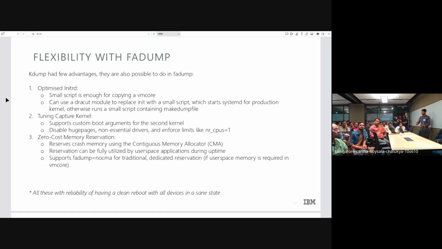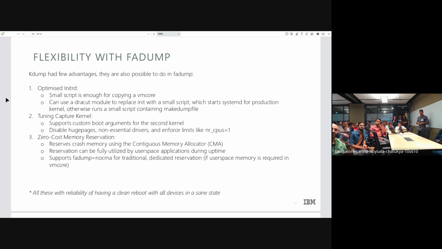In FADump, we go through the normal boot again, so we are using the same production init, which we might not need. So we have special ways, like scripts in the init itself to decide if it's a capture kernel. We don't initialize a lot of drivers, just do the basic things like disable user pages and all.